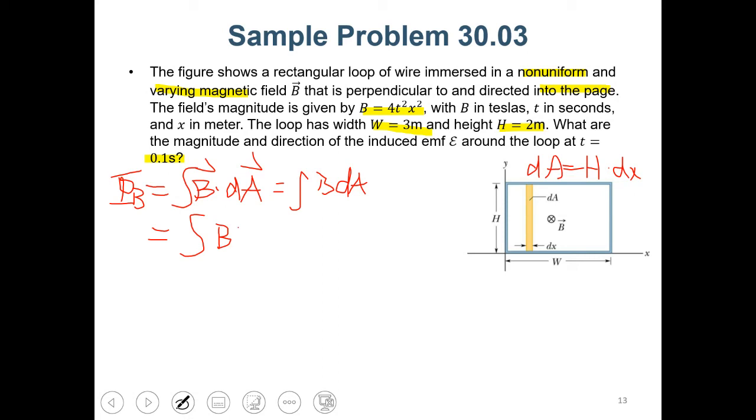So we have B h dx, and then we integrate from 0 to w.